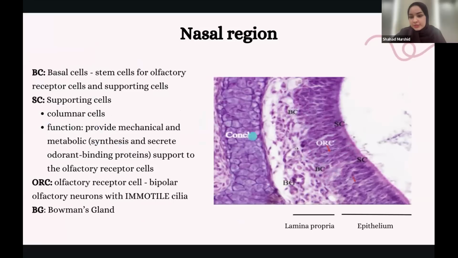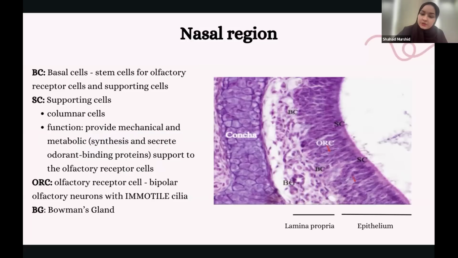So that brings us to the supporting cells. These are the supporting cells, and their function is to provide support, both mechanical and metabolic, for the olfactory receptor cells.